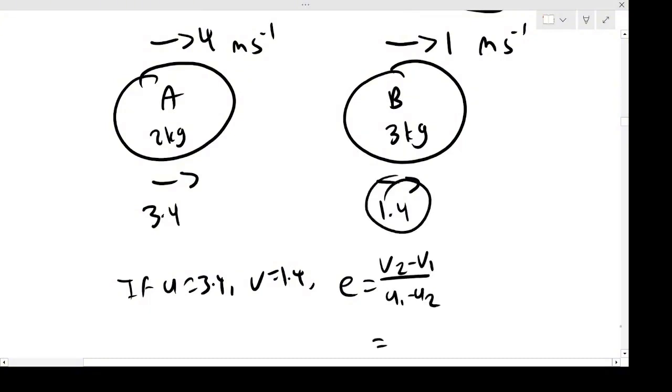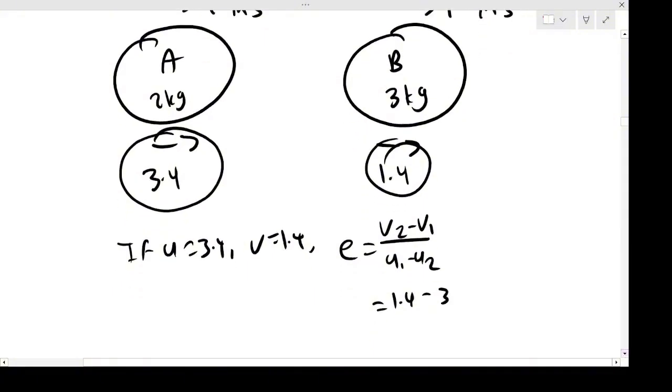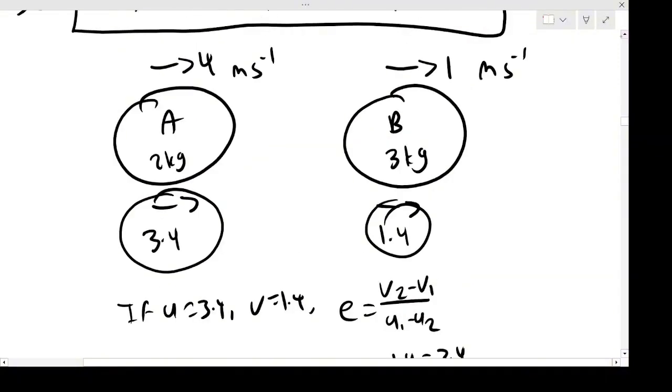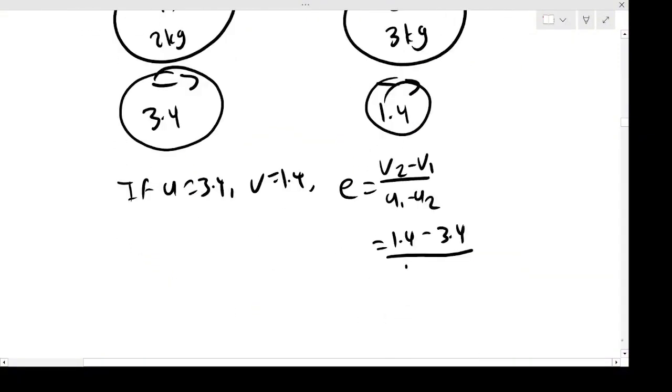Well, v2 is going to be 1.4 take away v1, which is 3.4, and u1 is 4, u2 is 1, so it's 4 minus 1. If I work that out, the restitution here is going to be minus 2/3.